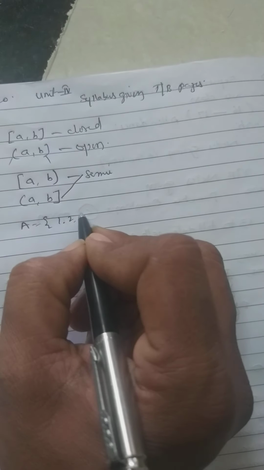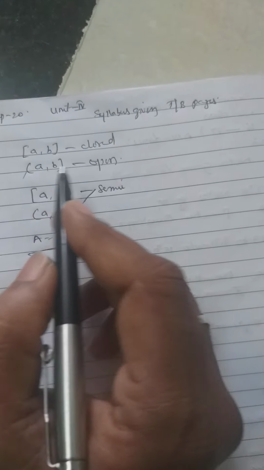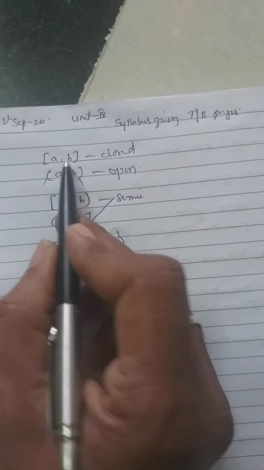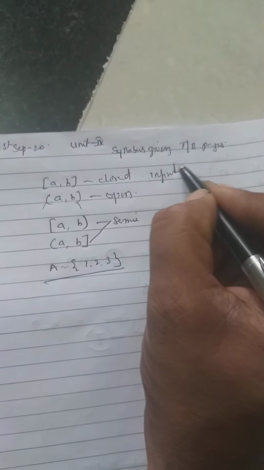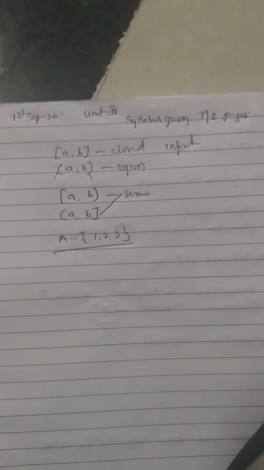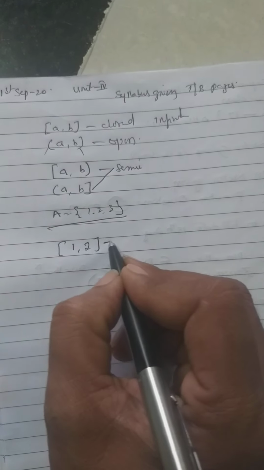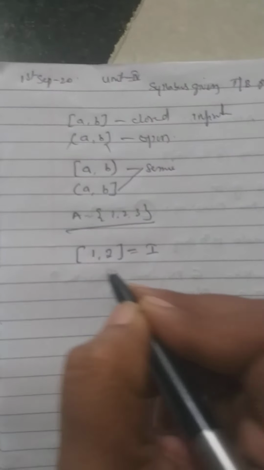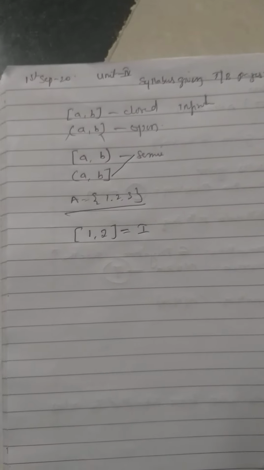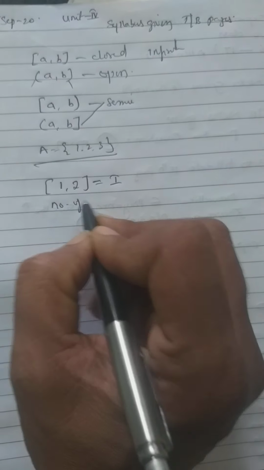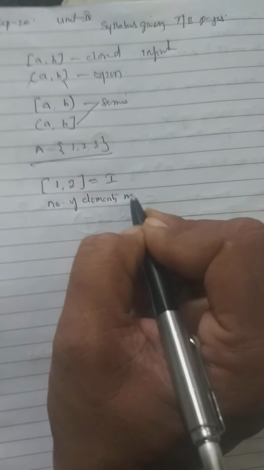Now here, what is a set? A set is a collection of well defined objects. We know that this is an interval. The number of elements in an interval is infinite, right? For example, suppose I is equal to the closed interval [1, 2].